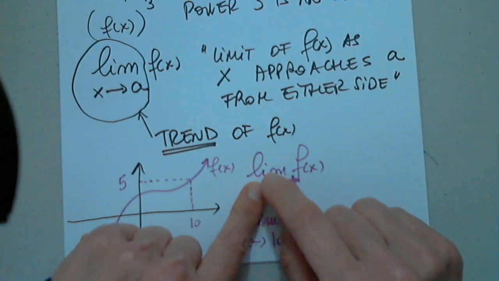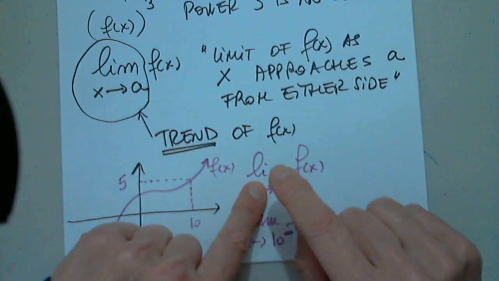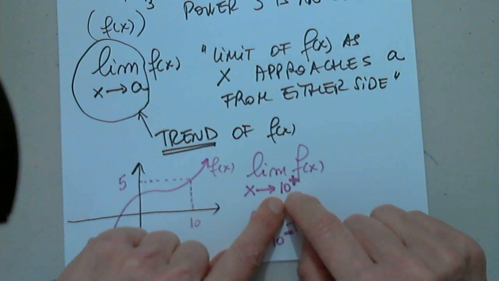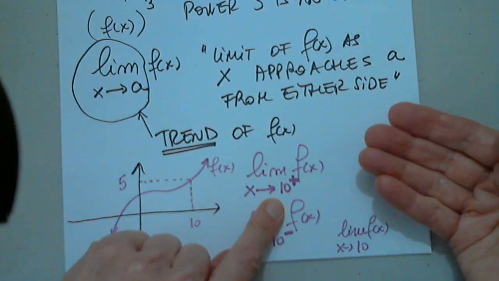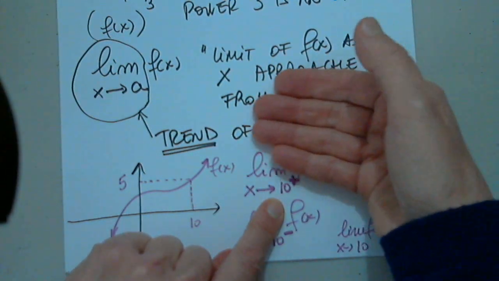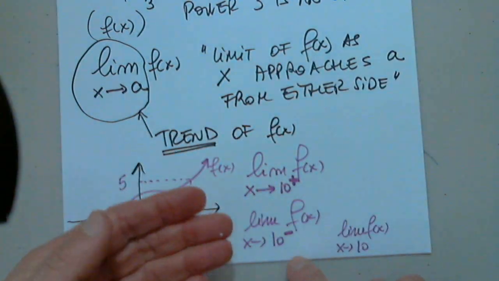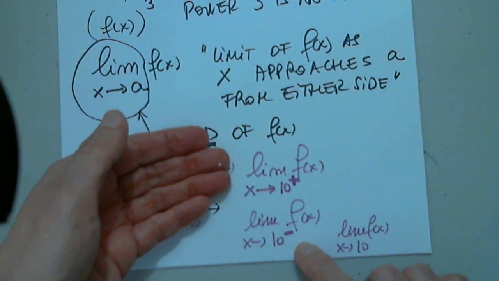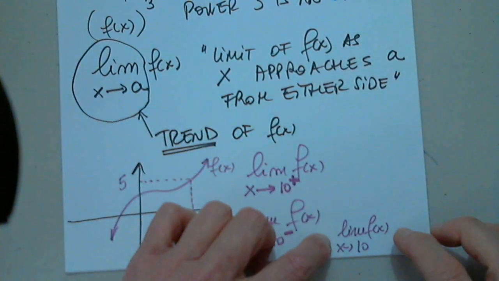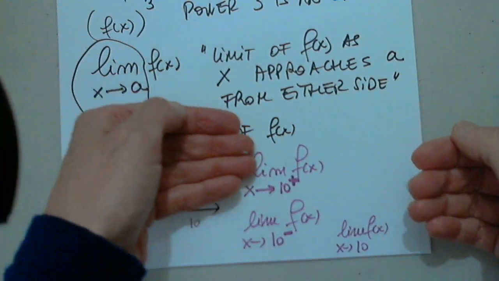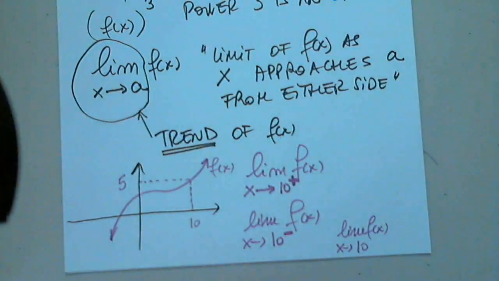Where are they going of f of x, so the function values, when x approaches 10 from plus, with larger numbers, from the right-hand side of 10. Obviously, this means from the left-hand side of 10. And obviously, this one means at the same time from the left and the right.